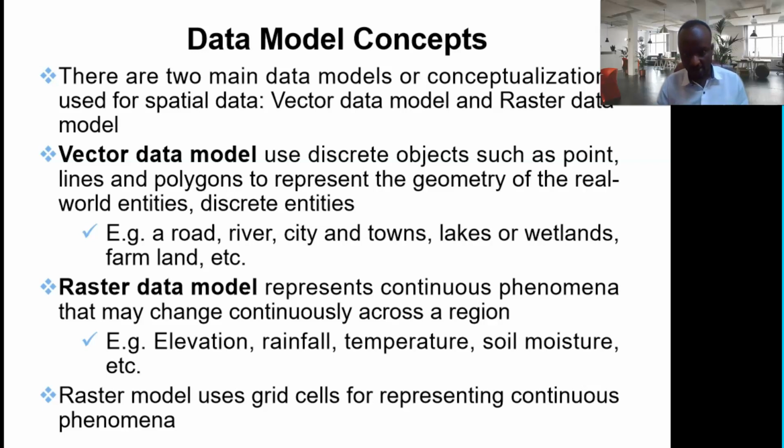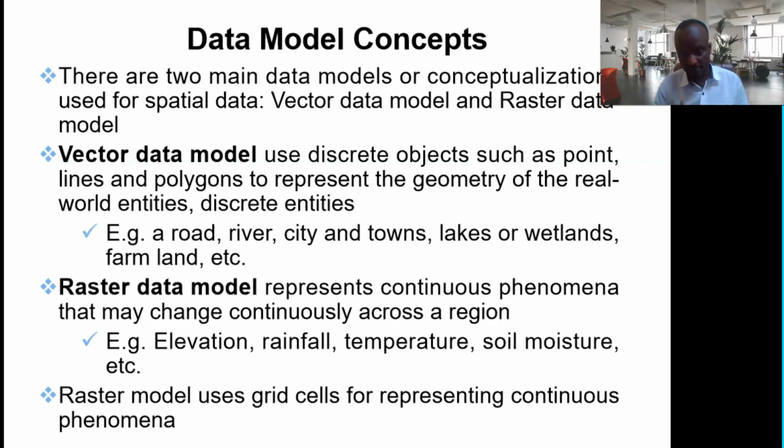Example: a road, a river, cities and towns, lakes or wetlands, farmland, etc. The raster data model represents continuous phenomena that may change continuously across a region. Example: elevation, rainfall, temperature, soil moisture, etc. The raster model uses grid cells for representing continuous phenomena.